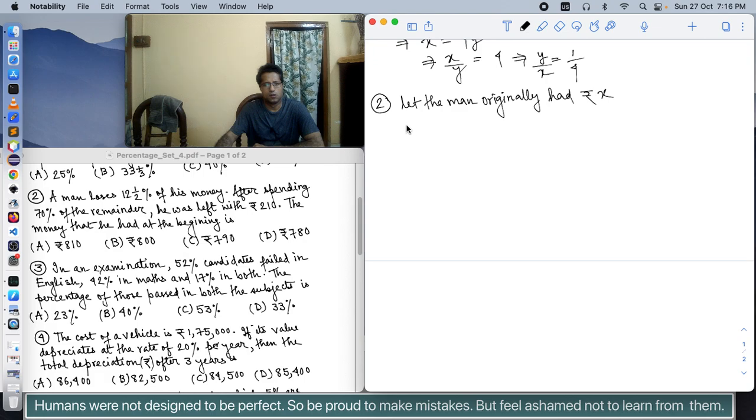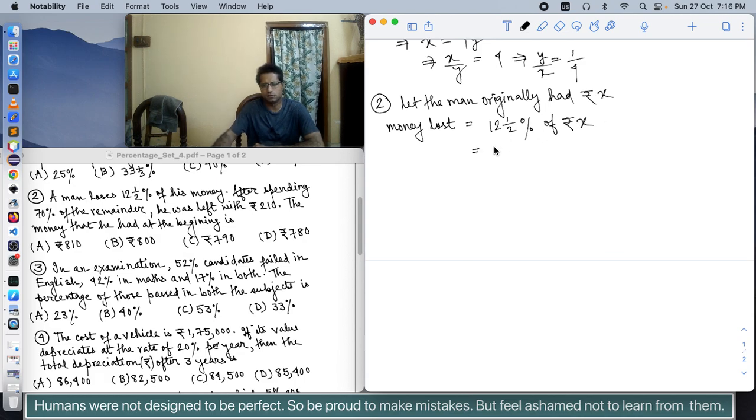Okay, so amount of money lost is given to be equal to 12.5% of the original money or the initial money, which we have assumed to be x.